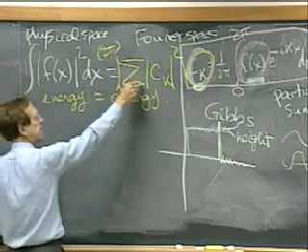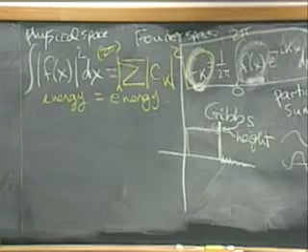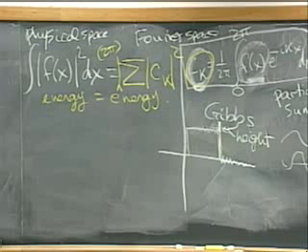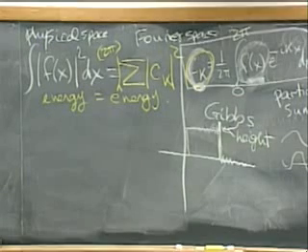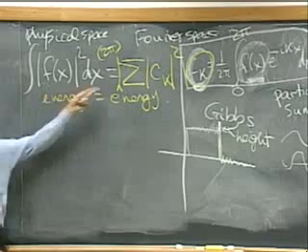Does this series converge? Does this integral make sense? But the main point is that energy can be computed either in physical space or Fourier space. And why is that? How do I get from here to here?